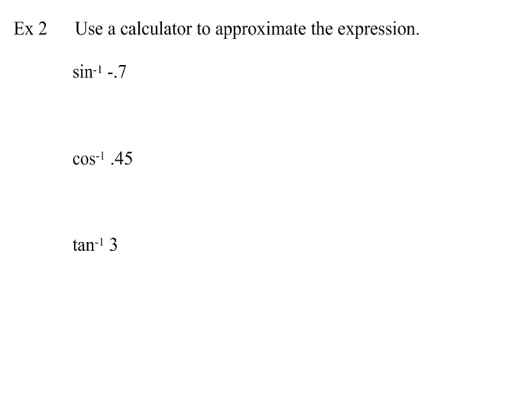Depending on the mode your calculator is in, I'm going to put my calculator in degree mode. If I type in this first one, the inverse sine of negative 0.7, I get about negative 44.4 degrees. Same thing with this second one.